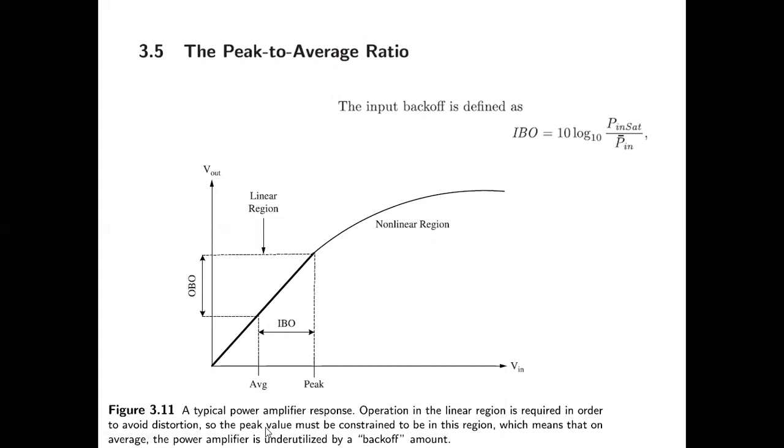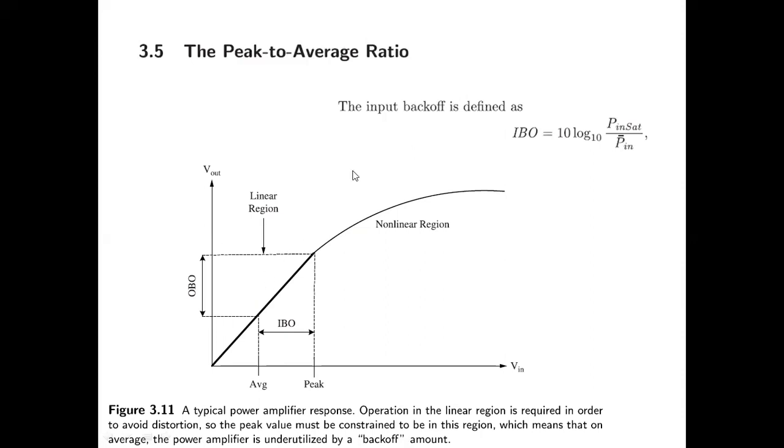A typical power amplifier response will be something like this, and you are supposed to have the whole thing biased in the linear region only. As and when you move towards the non-linear region, there is going to be more data loss from input to output. In the linear region only, it is fine.